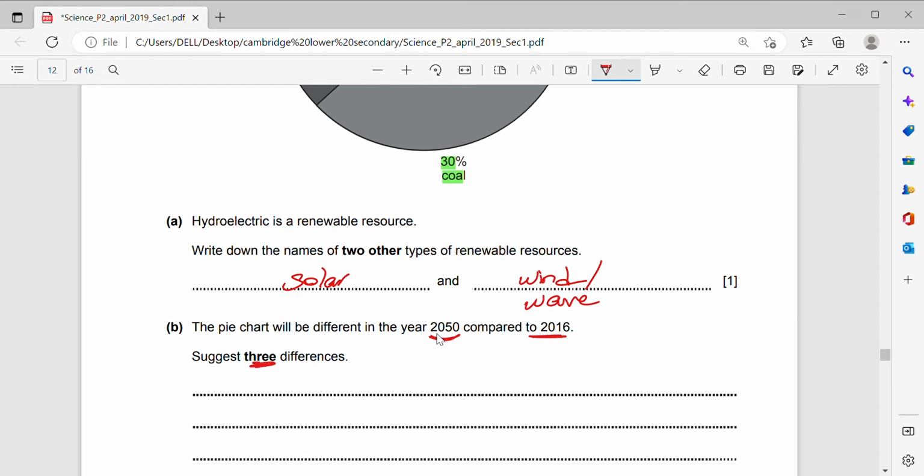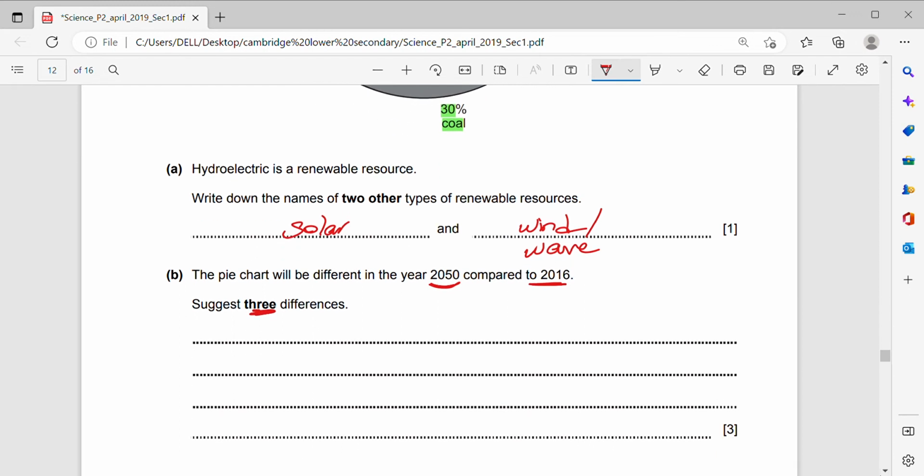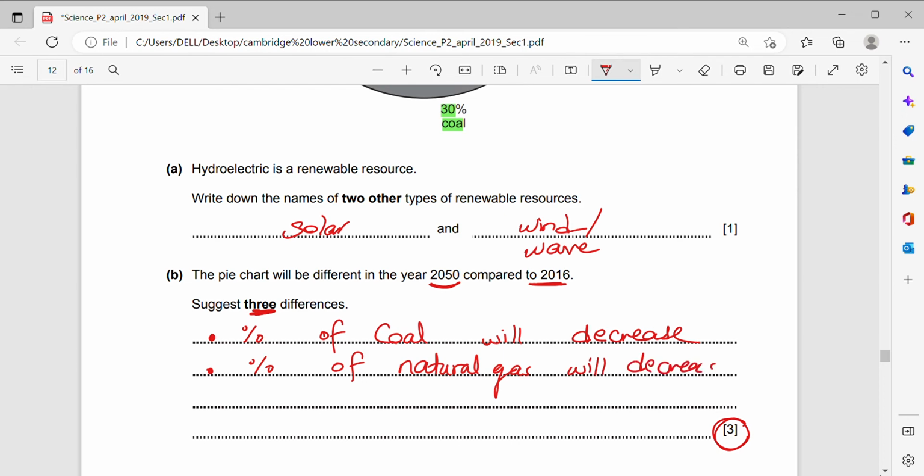So suggest 3 differences. What will happen later on? 3 out of 3, so we must write 3 points. The first point: the percentage of coal will decrease. What else? The percentage of natural gas will decrease. Who will increase?